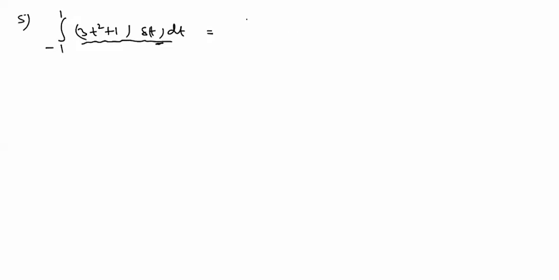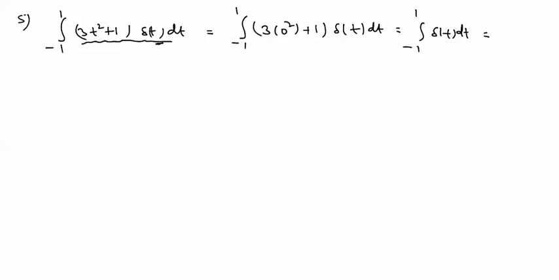First solve this expression and then apply the area formula: 3 times 0 square plus 1, del t dt, minus infinity to infinity del t dt. The area covered by the impulse at the 0 location is 1. 0 is a part of this range, so the area covered by this pattern is 1.